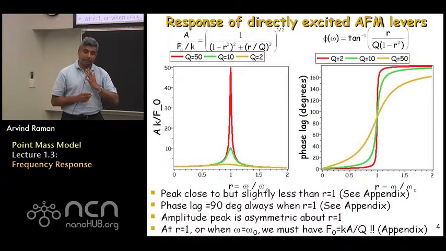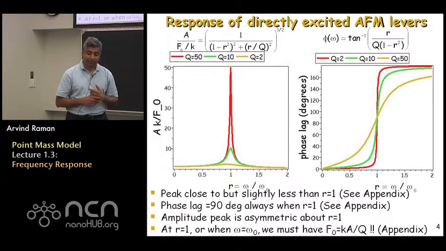You could have Q equal to 2 or 100 or 1000, but when omega equals omega naught, the oscillator has exactly a 90 degree phase lag with respect to the excitation.